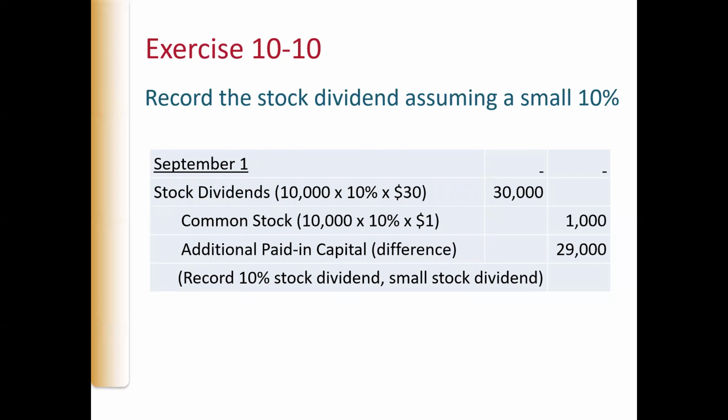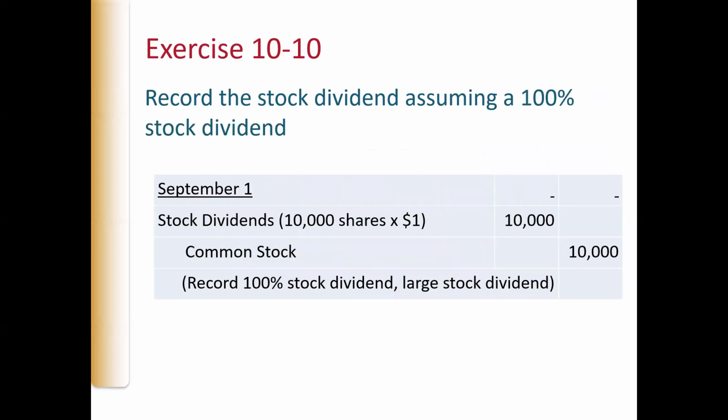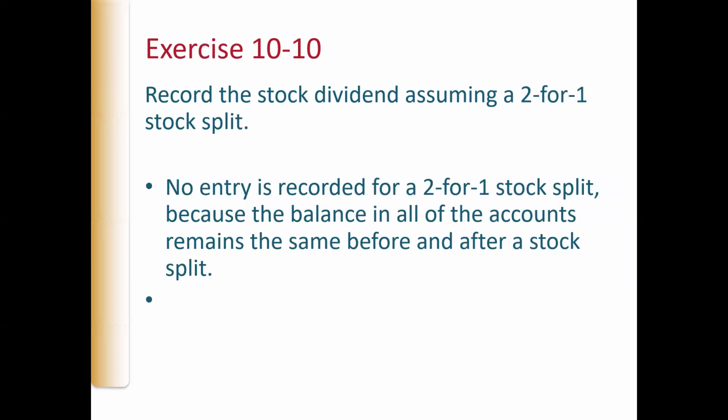We credit our common stock for the par value, and we credit the difference to additional paid in capital. If we treat it as a 100% stock dividend, we debit our dividends and credit our common stock for $1. And if we do a stock split, there's nothing we do. Just the par value will change.